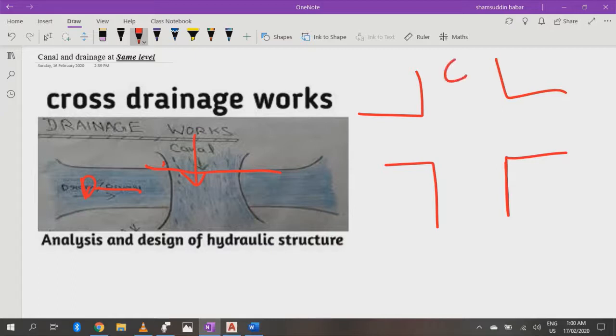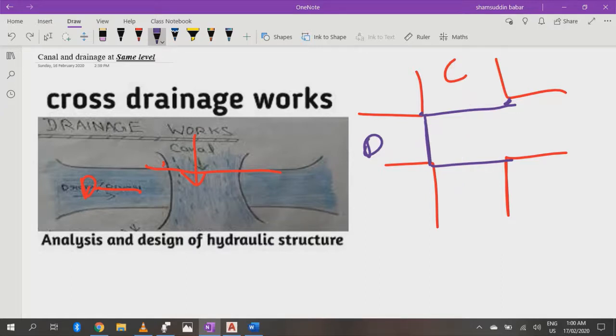For example, this is my canal, there should be 2 regulators across canal, which I have shown in the purple line, and 1 across drain. So there should be 3 regulators, 2 across canal and 1 across drainage in a level crossing.